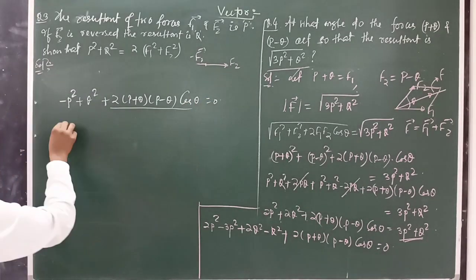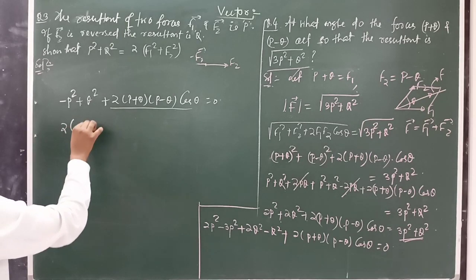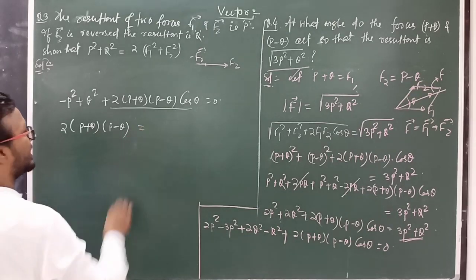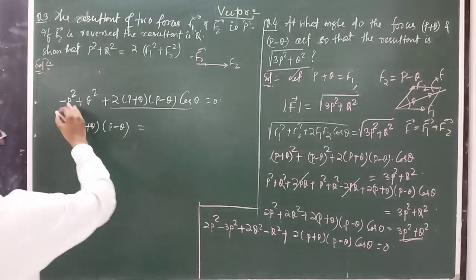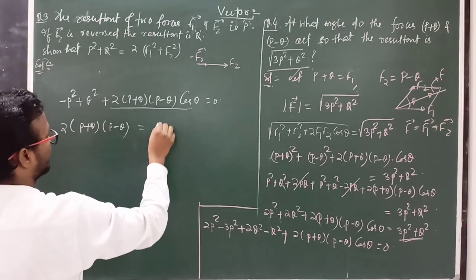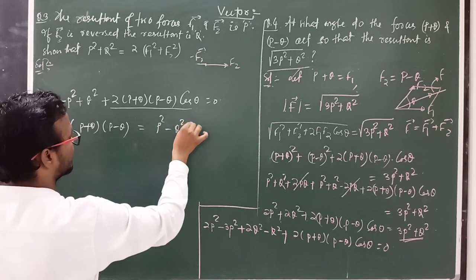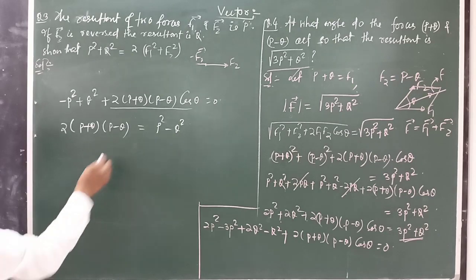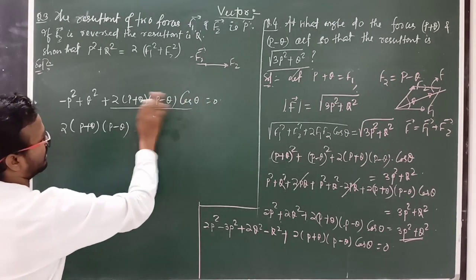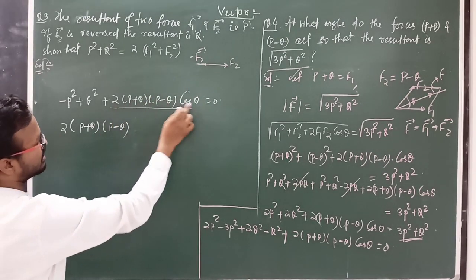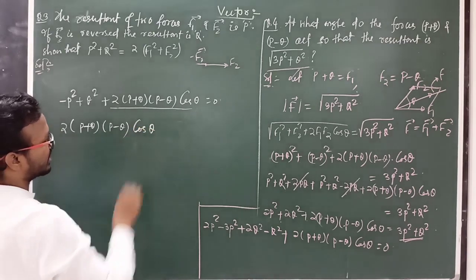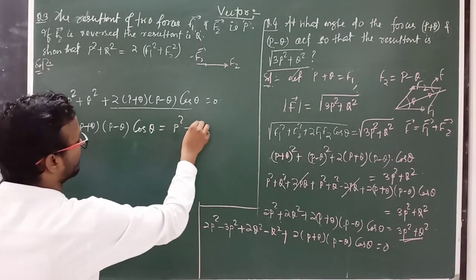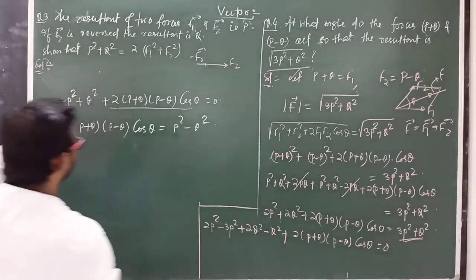Now write this term here, 2(p plus q)(p minus q) cos theta, on the left and take the right hand side, then this will be p square minus q square. Clear? Okay. So sorry, 2(p plus q)(p minus q) cos theta equals p square minus q square.